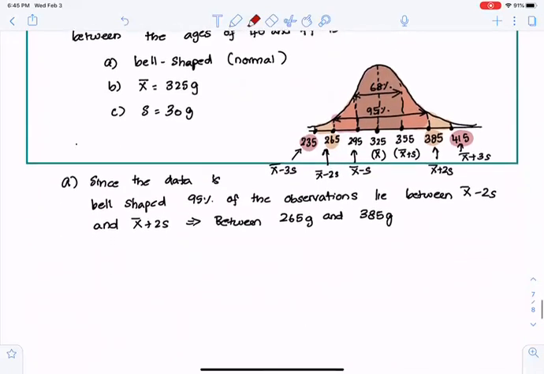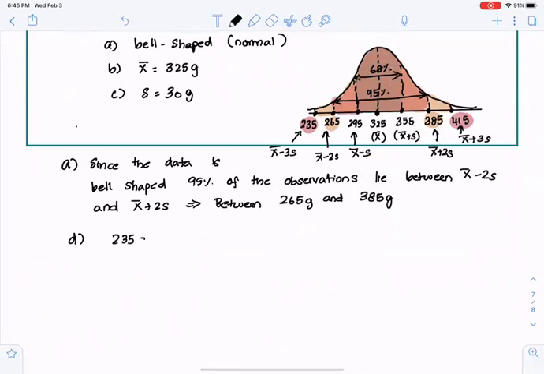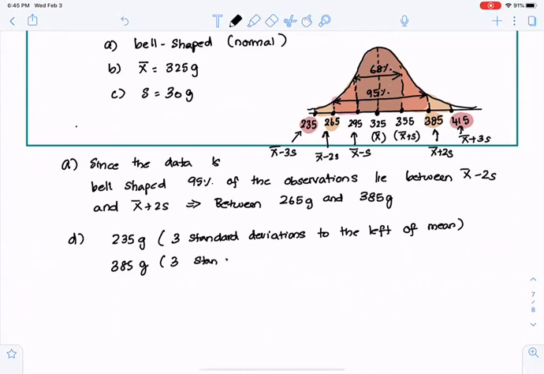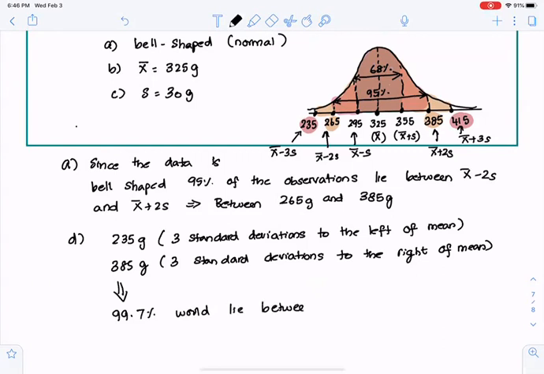If we combine the two observations and use the empirical rule, this simply tells us 99.7% would lie between 235 grams and 415 grams.